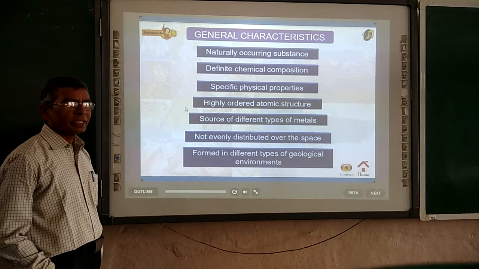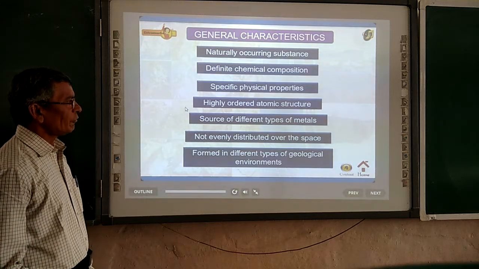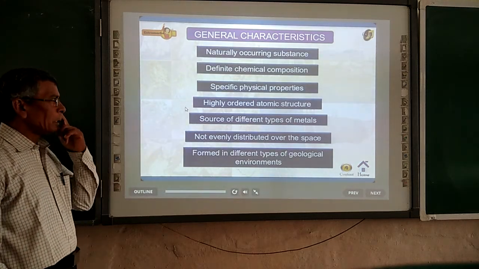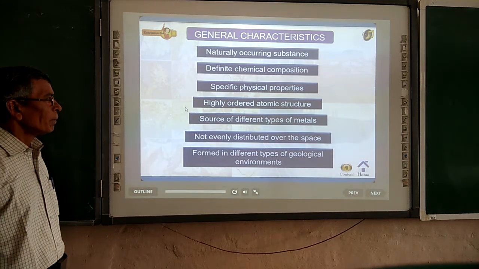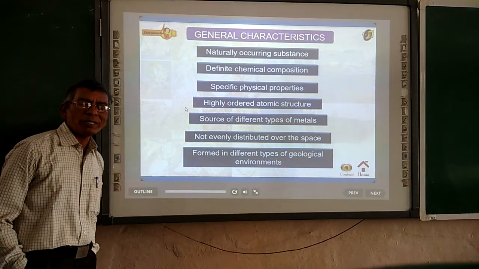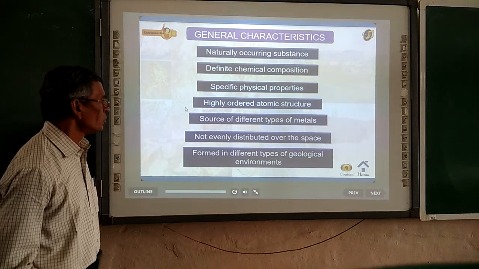They are sources of different types of metals. That means these metals will be extracted from these minerals.